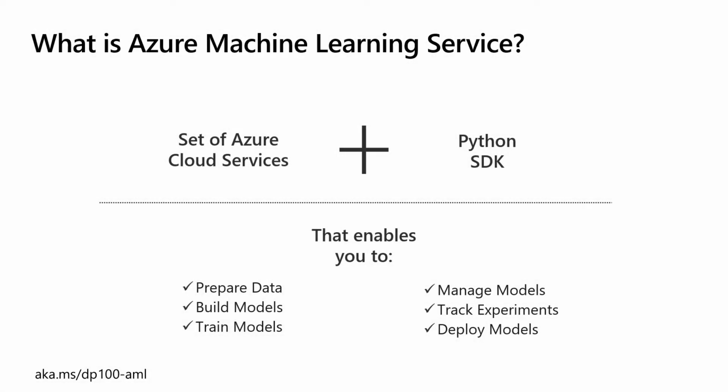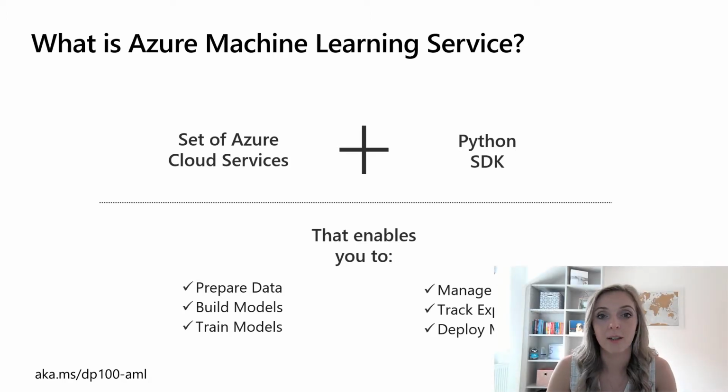And so something they're looking into, they're starting to use, is Azure Machine Learning. So what is Azure Machine Learning? Azure Machine Learning is a set of Azure cloud services. So it's an environment that your team of data scientists, or people who are getting into the machine learning space, can go into, work as a group, and actually build out machine learning models from end to end.